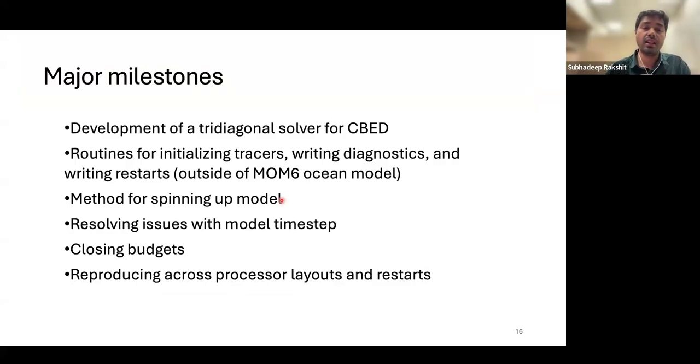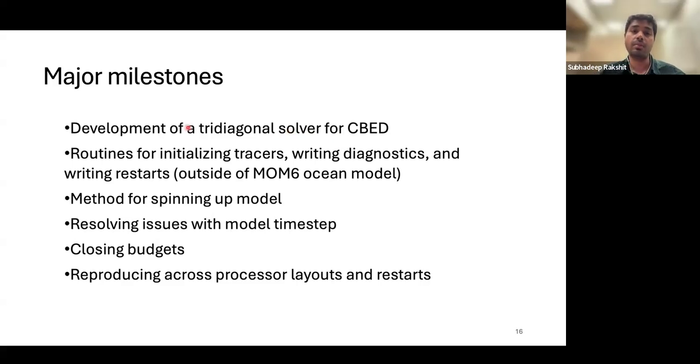Yes, and then what we do next is, in this effort, some of the major milestones we had to do is basically come up with a tri-diagonal solver for the seabed, because we cannot use some of the solver. Essentially, when I was doing it in one dimension, I was using the R programming language for most of my testing, but I cannot really use that within the GFDL ESM, right?